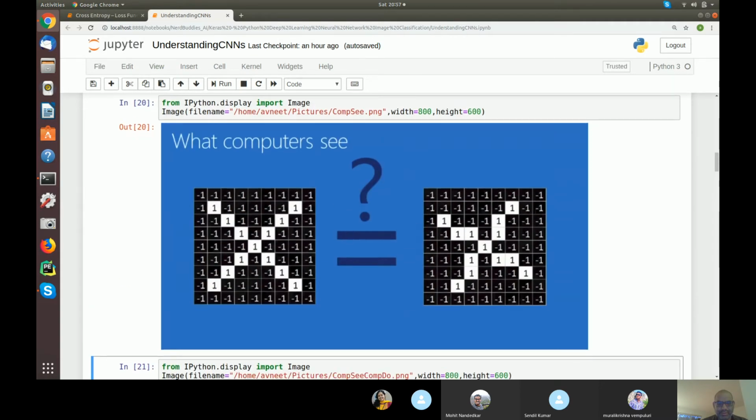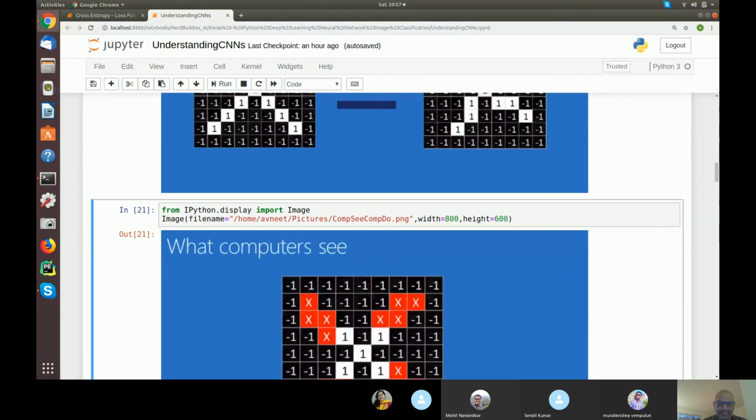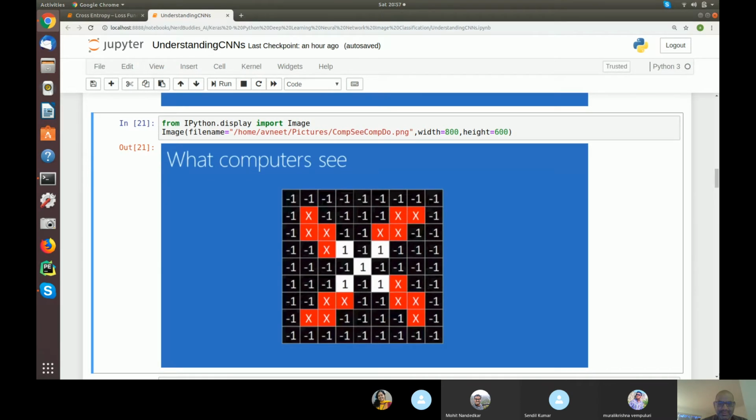So here essentially black is represented in the matrix by a -1 and white is represented by a +1. So we are taking a very simple example to get the intuition behind it. So we are saying +1 shows the X here, +1 shows the X on the right hand side. And we look at the pixels where they disagree and the pixels where they agree. So that would be one way of computing similarity between images.